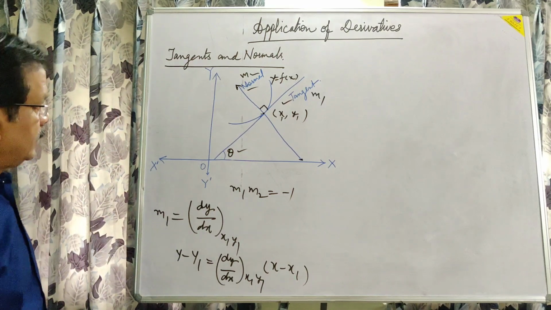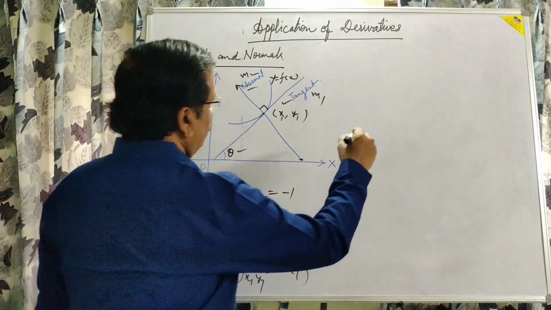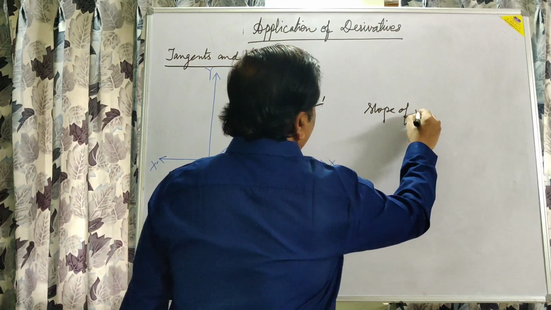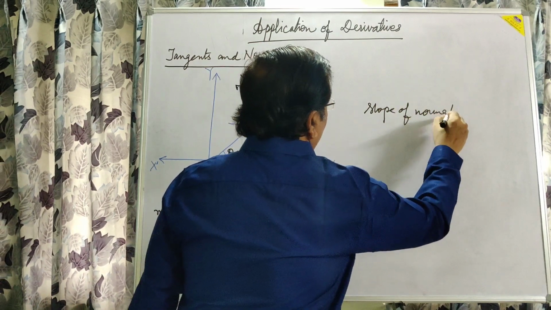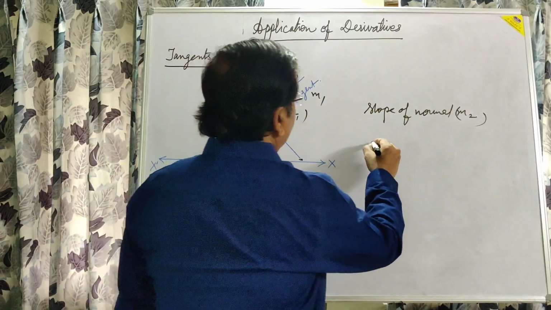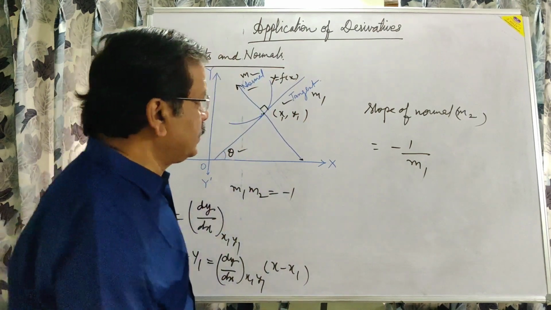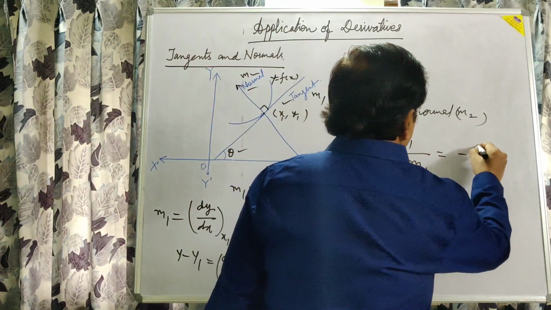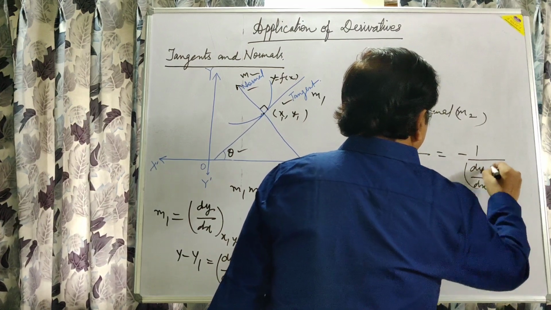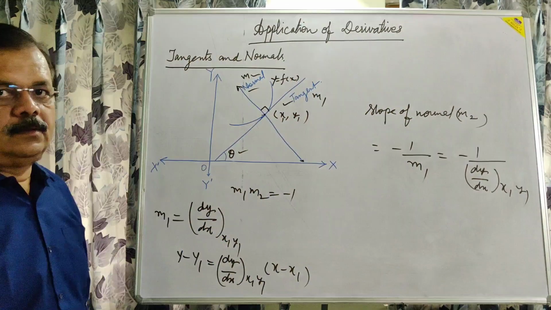Another thing: since the normal is perpendicular to the tangent, the slope of the normal, m2, is equal to -1/m1, or -1/(dy/dx) at the point (x1, y1). This will be the slope.